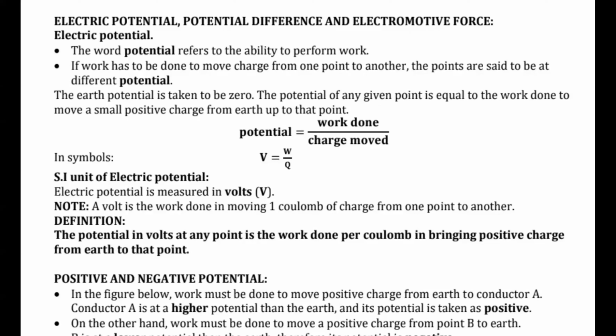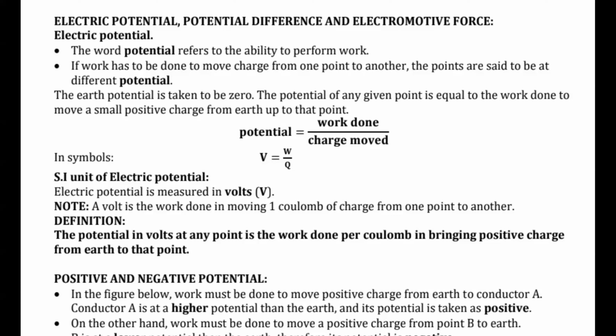So potential, in terms of what we are on now, is the work done to move a charge from one point to another. And those points will be on different potentials. By the way, moving charge from one point to another is only possible if the 2 points have different potentials. They have different abilities to do some things.